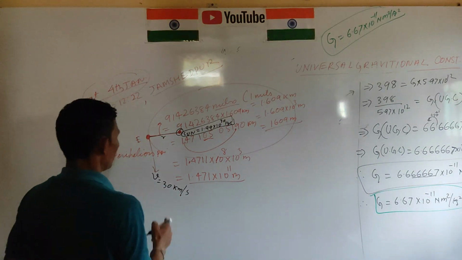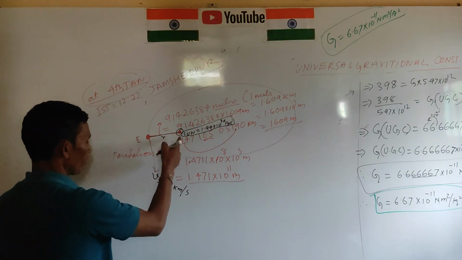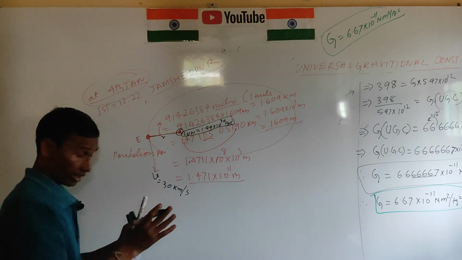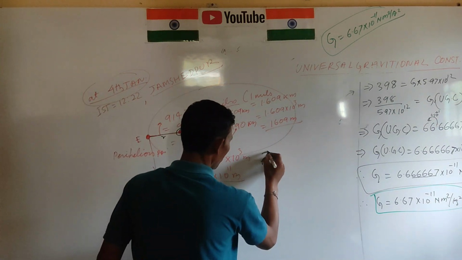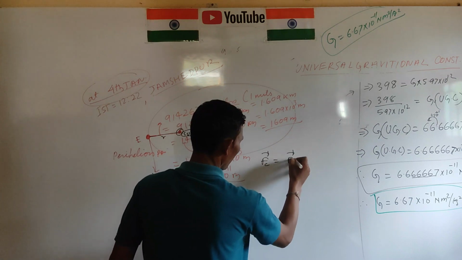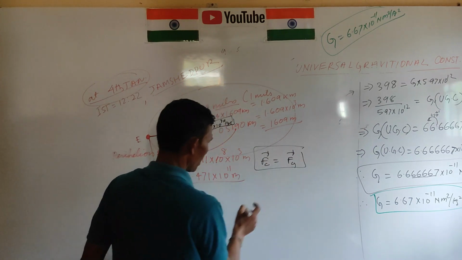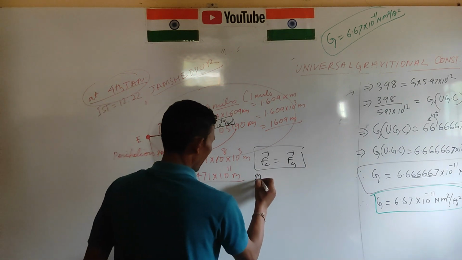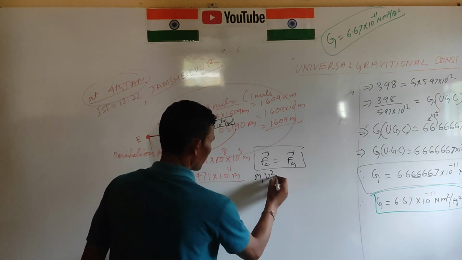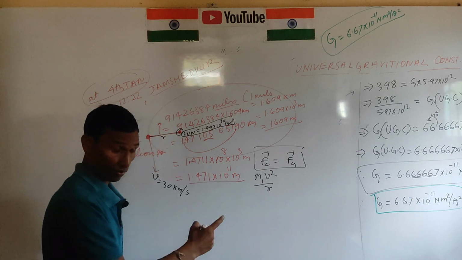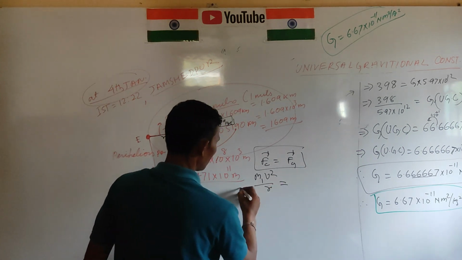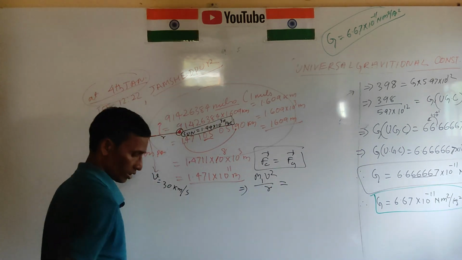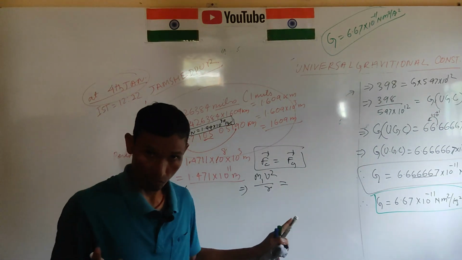We know that the centripetal force and the universal gravitational force are equal to each other. So centripetal force equals universal gravitational force. Then we find the value here. Here the centripetal force is m1 v square by r. This centripetal force is equal to the universal gravitational force.